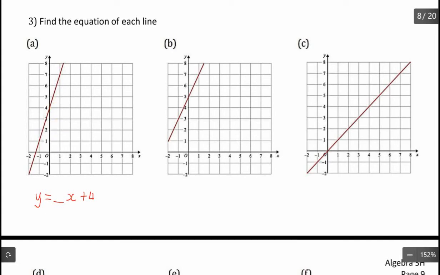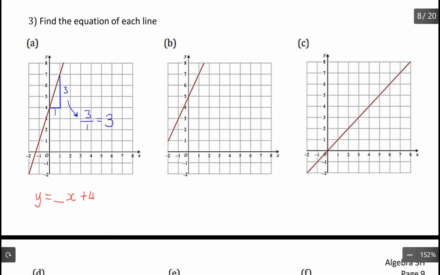Hopefully you remember from the last lesson that we work out the gradient by doing the rise divided by the run. So the rise here is 3, the run was 1, so the gradient is 3 divided by 1, 3 in this case. So you just have to do that for each graph. Pause it here, have a go at them, and we'll look at the answers in a moment.